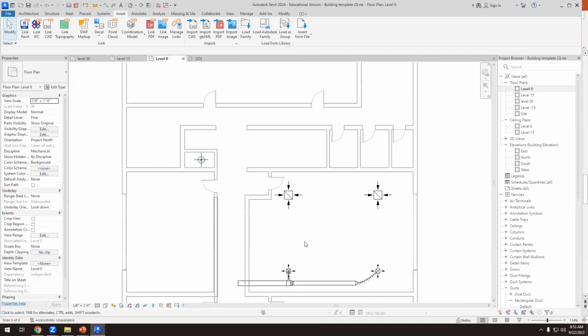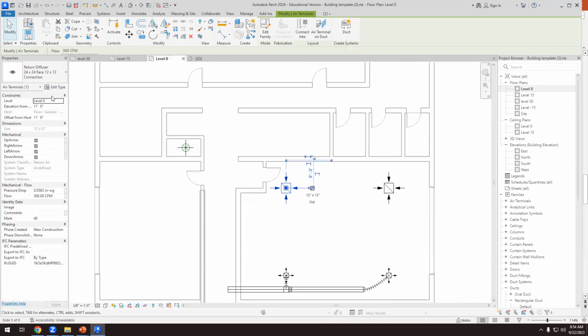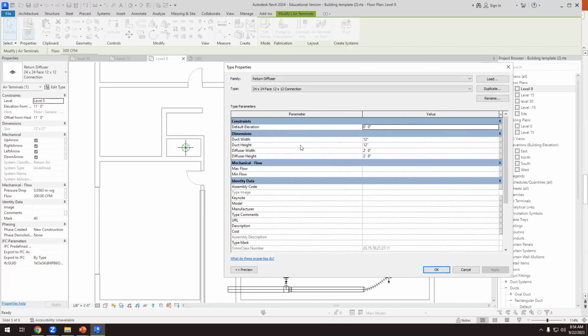If you don't like these two kinds of diffuser, we can always edit type. You see that the duct width is 12, and the diffuser width is 2 feet. We can change that. Imagine that this is 1 foot by 1 foot, and the duct width was 8 by 8.